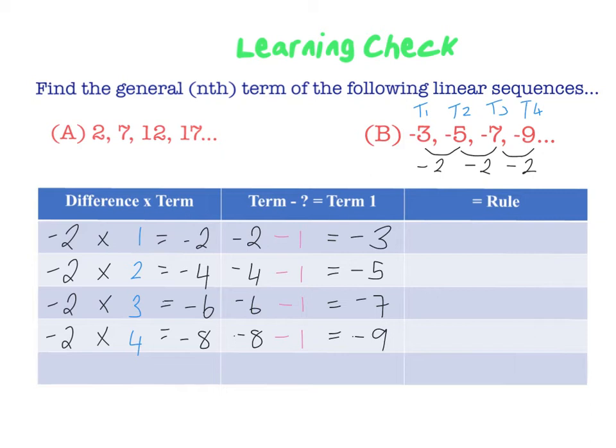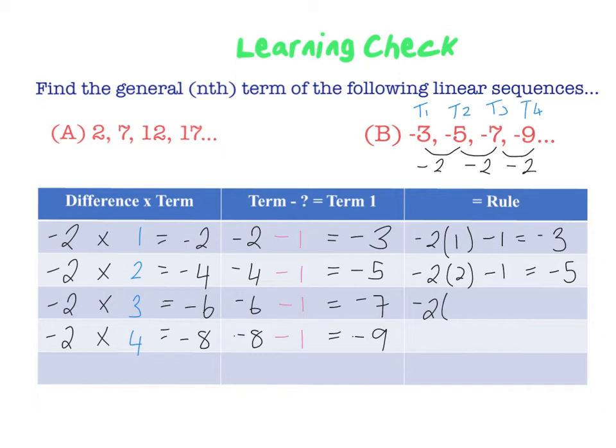So my rule then is the difference, which is minus 2, we figured that out, minus 2 times whatever the term is, so term 1, and then we minus 1, will give me, so minus 2 by 1 is minus 2, minus 1 is minus 3. And my rule for the second one is minus 2 times 2, the second term, minus 1 will give me minus 5.